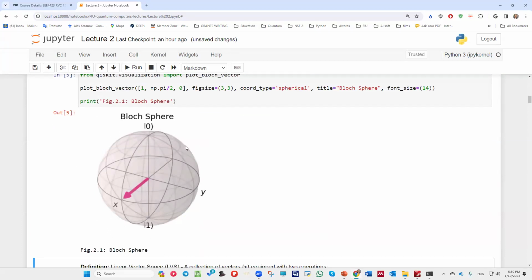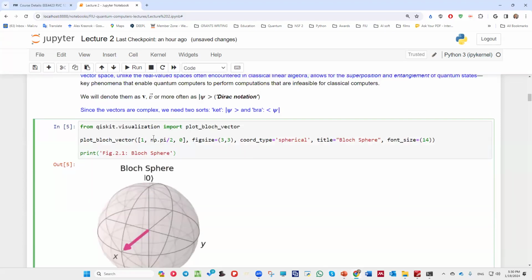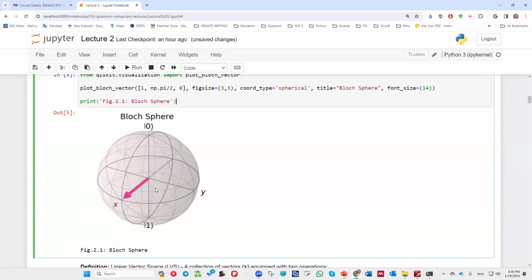This Bloch sphere represents a two-dimensional Hilbert space. You might wonder why a three-dimensional sphere represents a two-dimensional Hilbert space. The answer is simple: the vector shown here by this red arrow is complex valued, so we need more than two dimensions to present this state.